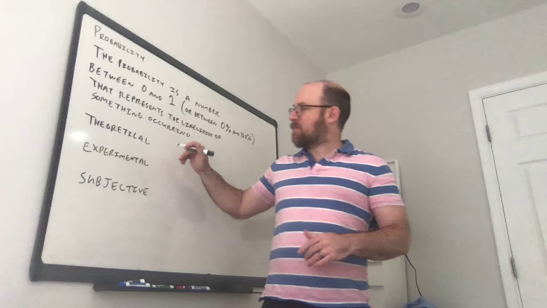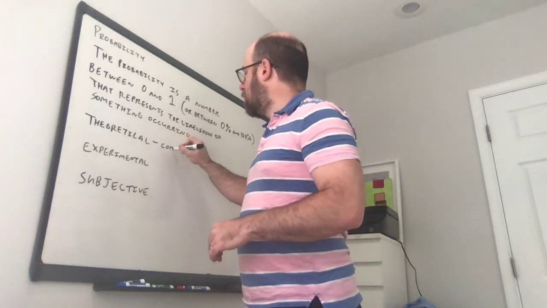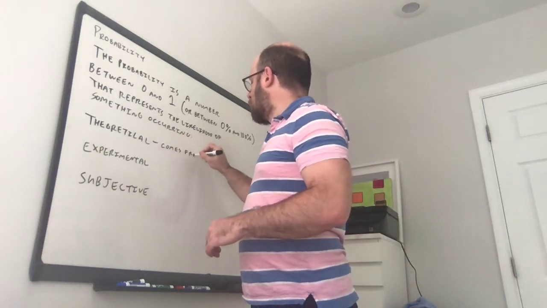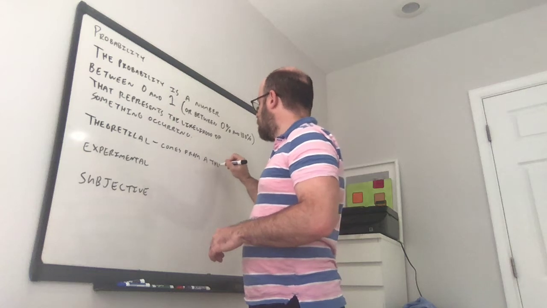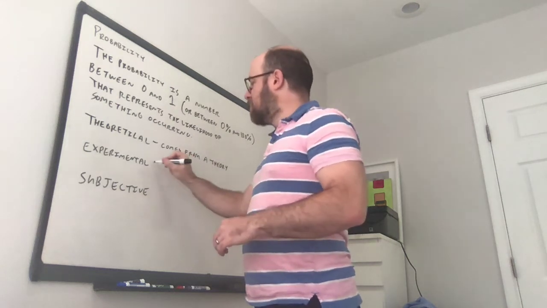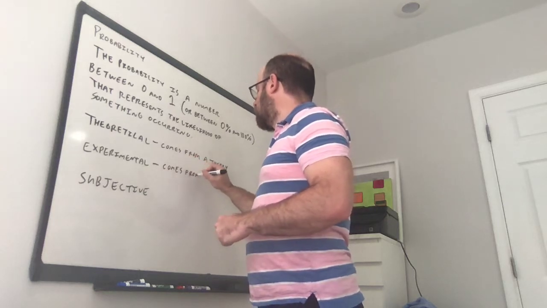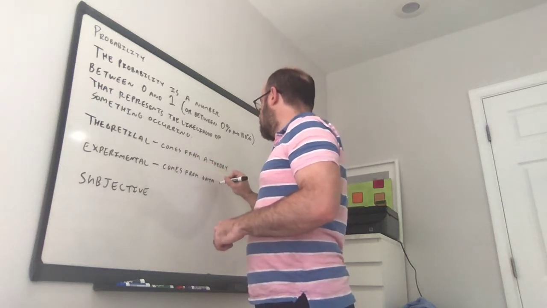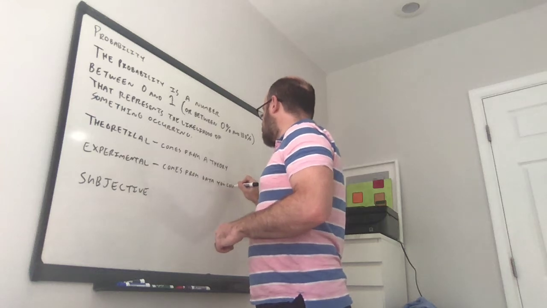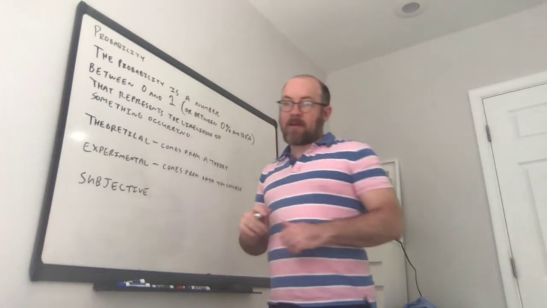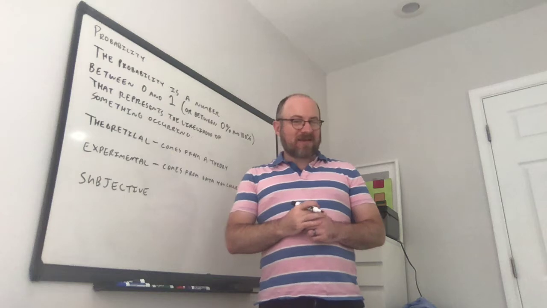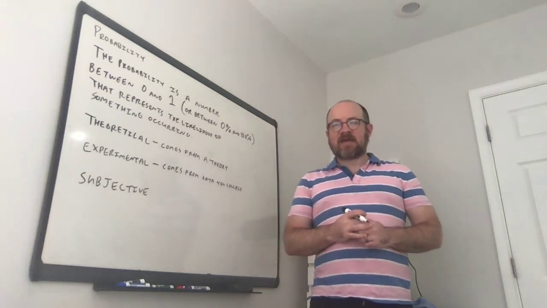So theoretical probability comes from a theory. Experimental probability comes from data you collect.